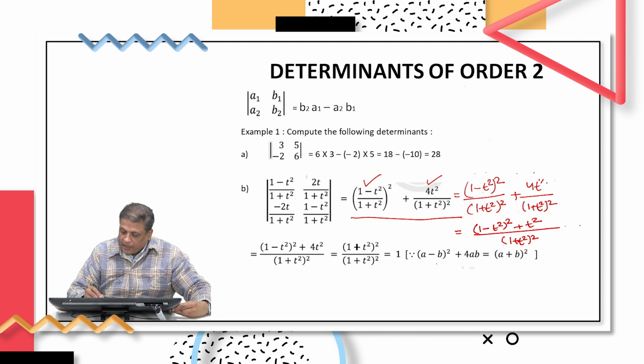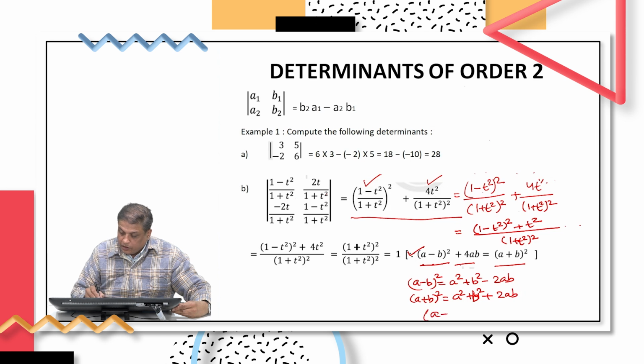Now we all know that a minus b whole square plus 4ab is equal to a plus b whole square, because a minus b whole square is equal to a square plus b square minus 2ab, and a plus b whole square is equal to a square plus b square plus 2ab.